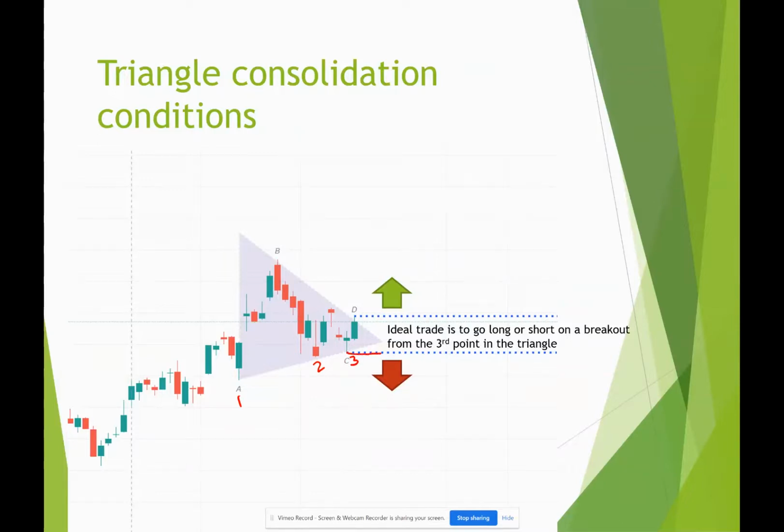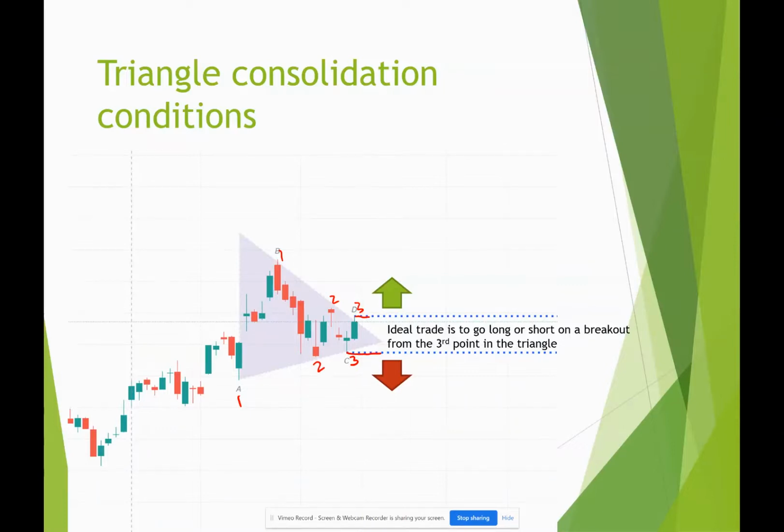That's the breakout level. And you don't want to place orders or trade this if you think you're getting a breakout on a candle that's down here, because you haven't really surpassed that lower high. You want to get past that lower high, or past that higher low on the other side.